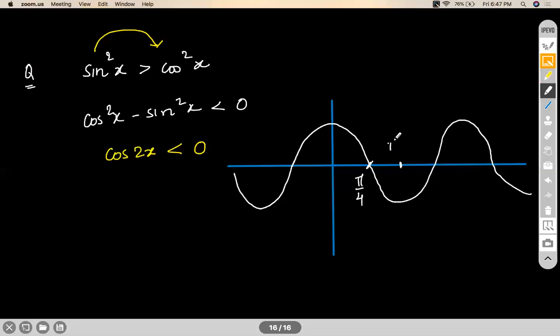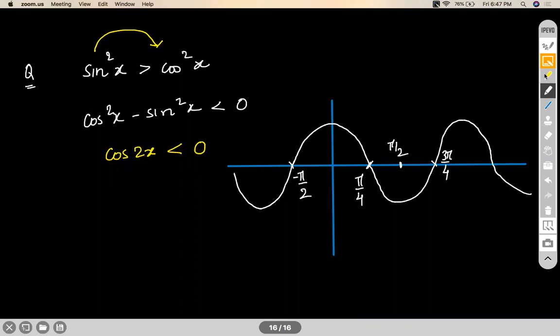This will become pi by 2. Right? This will become minus pi by 4. Right? This will become 3 pi by 4. Are you getting my point? Okay.